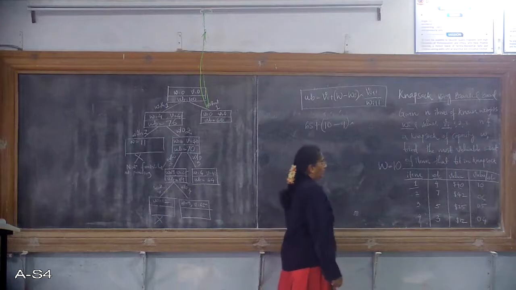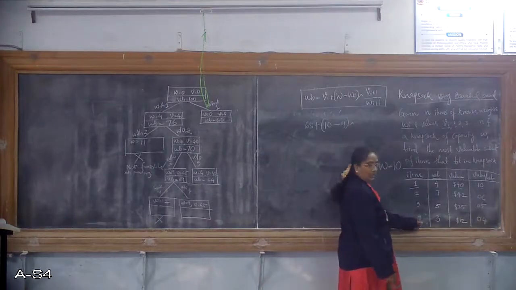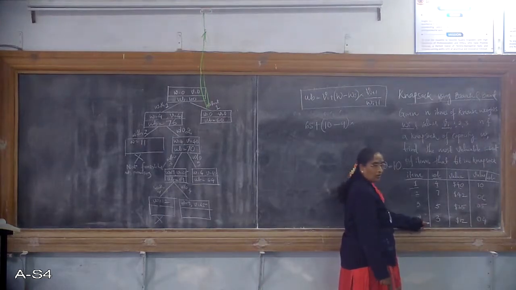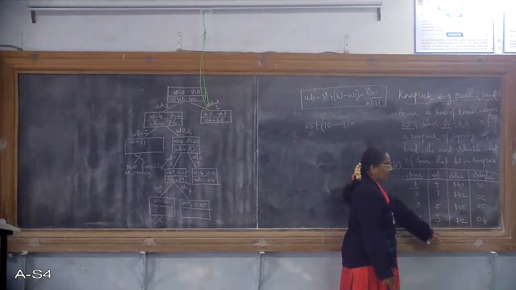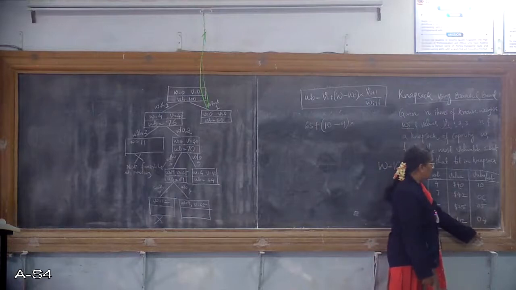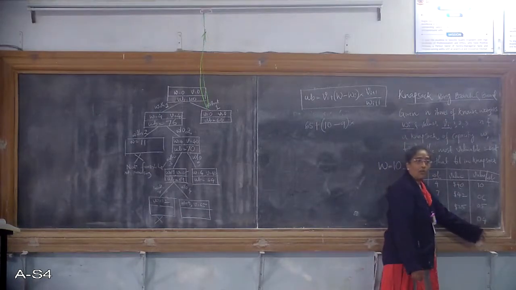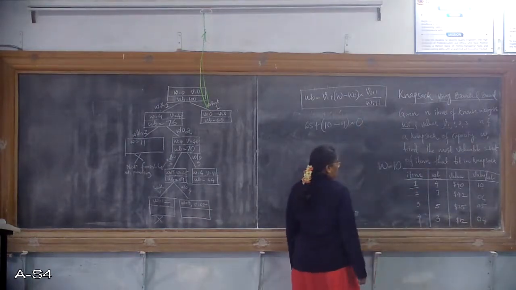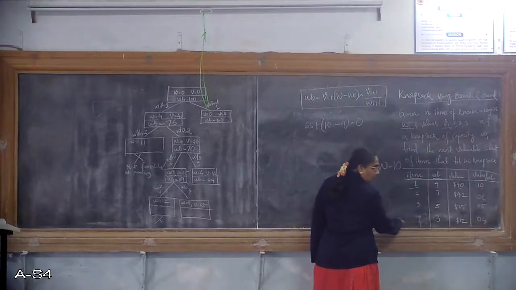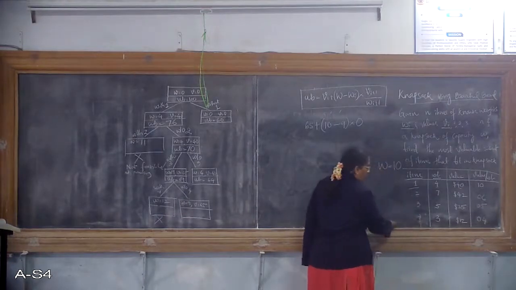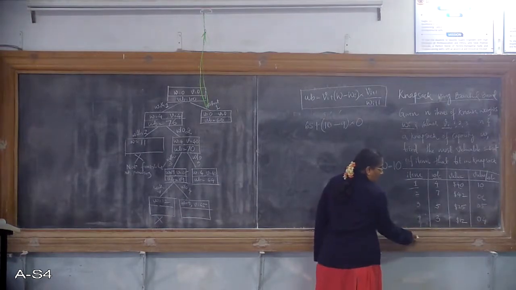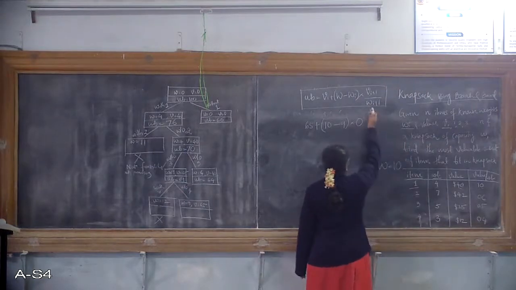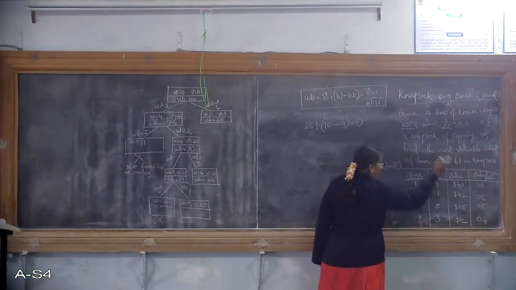When I am not selecting item 4, no next item is present here. No next item is present. That's why we will consider the value by weight ratio of that next item as 0. So here it is 0. I am writing for level 4, which is for node 4. Item 5 is not available, but here I need to write the value by weight ratio of the next item.